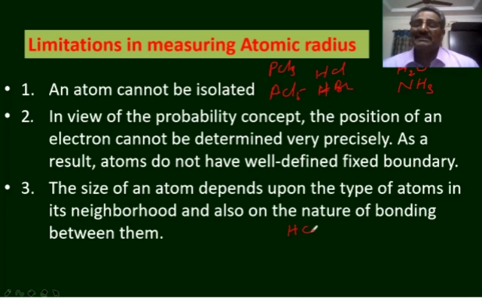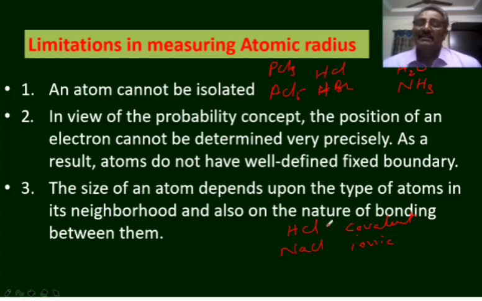For example, HCl. The bond present in HCl is a covalent bond, whereas in sodium chloride, the bond present between sodium and chlorine atoms is an ionic bond. The nature of the bond is changed between these two compounds.